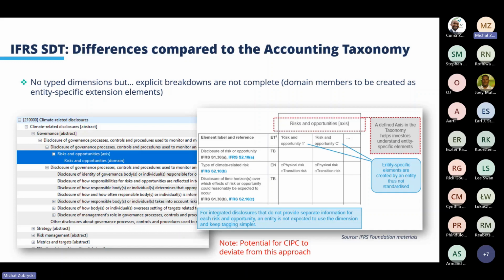However, based on the feedback that the foundation was gathering, a majority of the respondents were more keen on still letting the users create their own entity-specific domain members rather than just using the type dimension as a means of incorporating these breakdowns, which is something that will be quite an important thing to be discussed in the context of South Africa, because in the context of South Africa, the CIPC from the very beginning decided to introduce the type dimension.